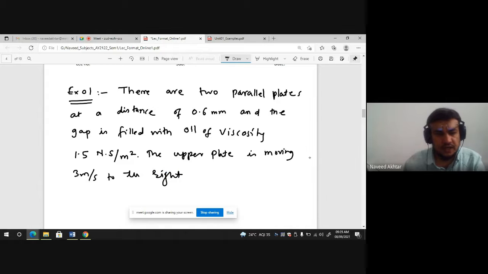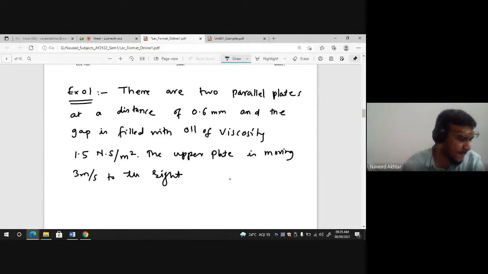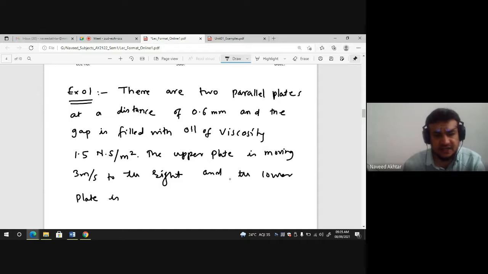Right means right side. And the lower plate is at rest, meaning the velocity of the lower plate is zero.